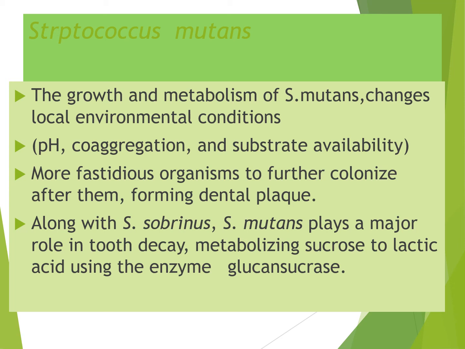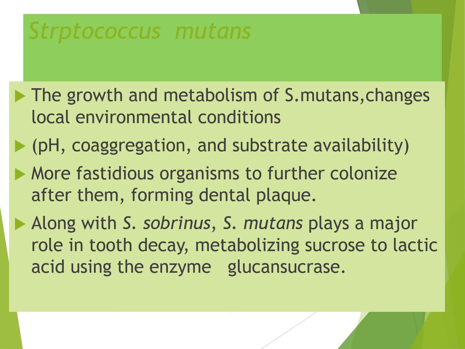Streptococcus mutans, the microbial species most strongly associated with caries lesions, is naturally present in the human oral microbiota. The growth and metabolism of Streptococcus mutans change the local environment, since Streptococcus mutans ferments the sugars present in the diet, the food products the person eats daily. These bacteria can convert these sugars to acid, so the environment will change to acidic and therefore lead to caries lesions.